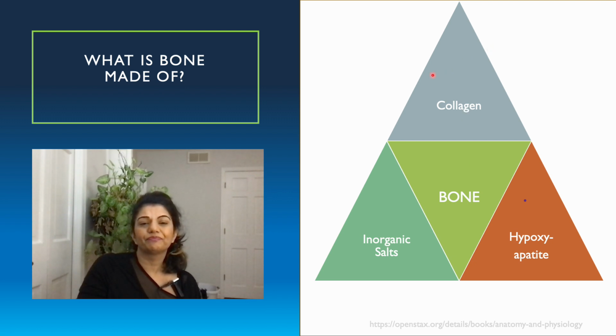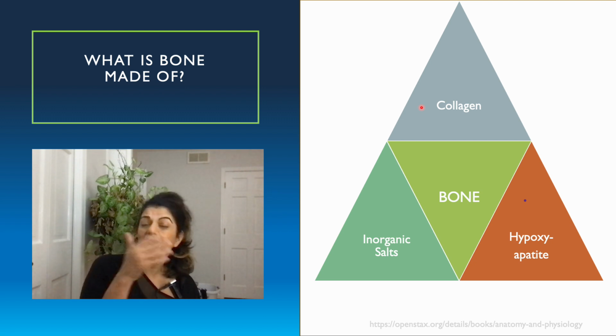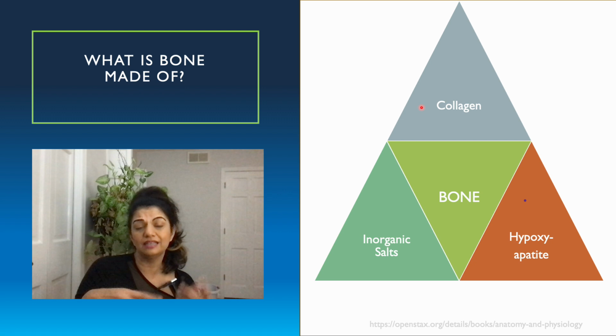It's hard to find an analogy in the house for that. The only thing I can think of is the wiring in the house has flexibility, so that might be collagen. Okay, and then we've got something else, which is inorganic salts.